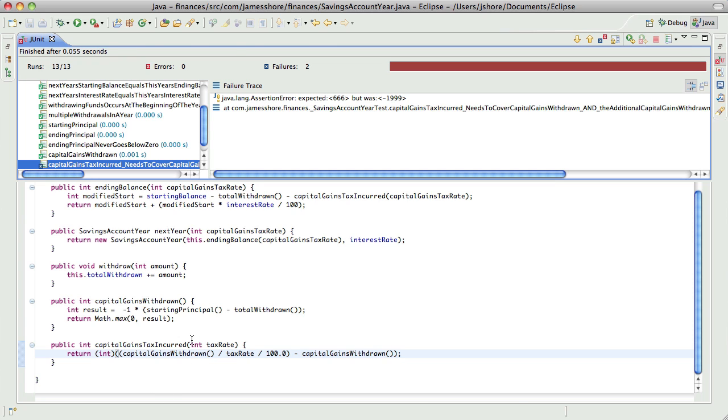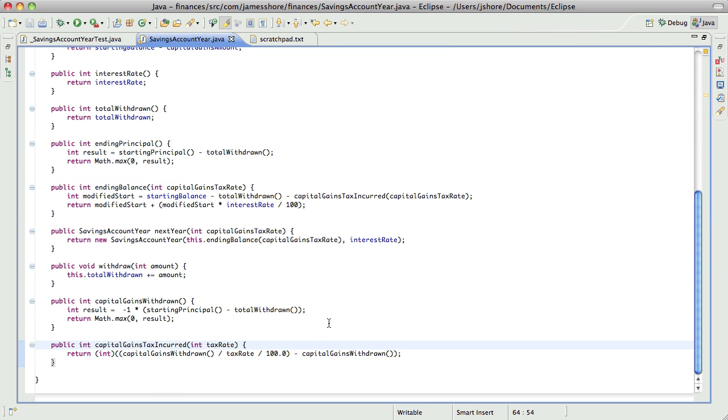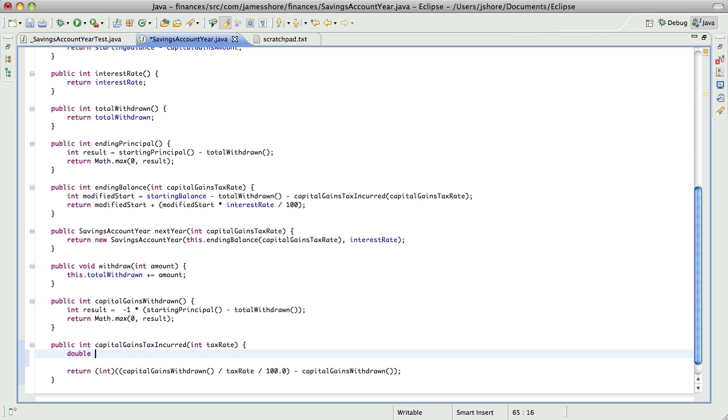All right, let's just do it this way. Double tax rate.